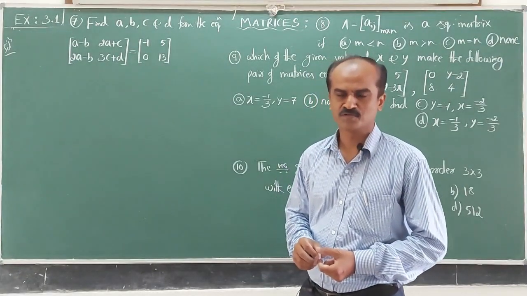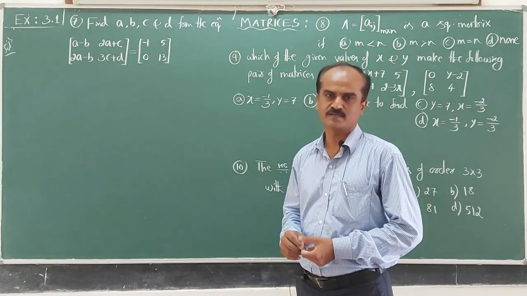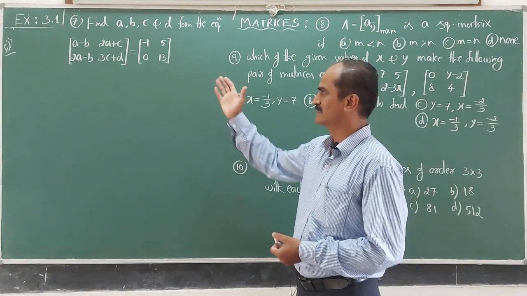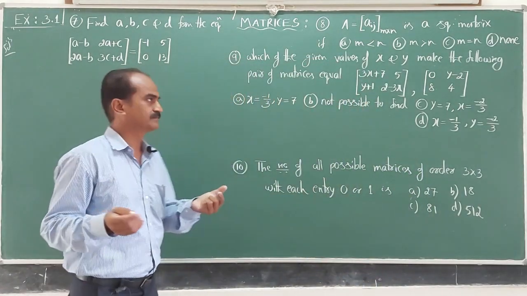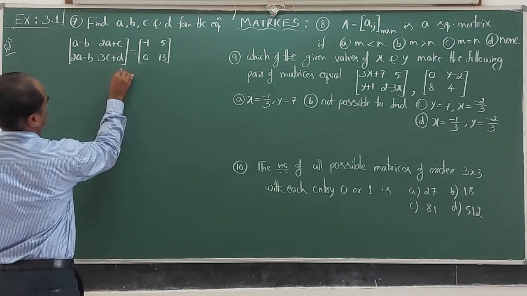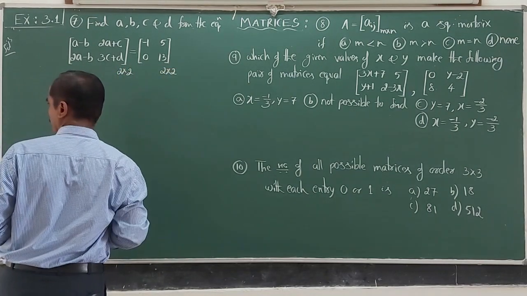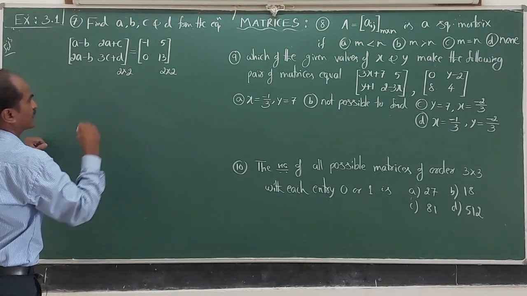In the 7th question, we are required to find the values of 4 unknowns, namely a, b, c, d, whenever this equation is true. That is, two matrices are equal. Both side matrices are of order 2 by 2. When we say that these two are equal, their corresponding elements are equal.